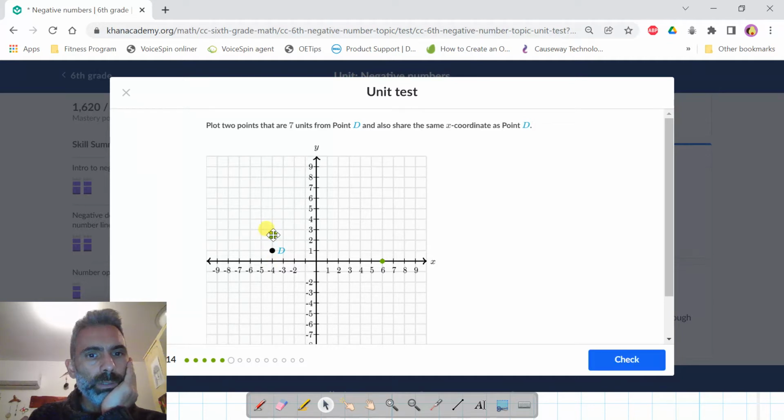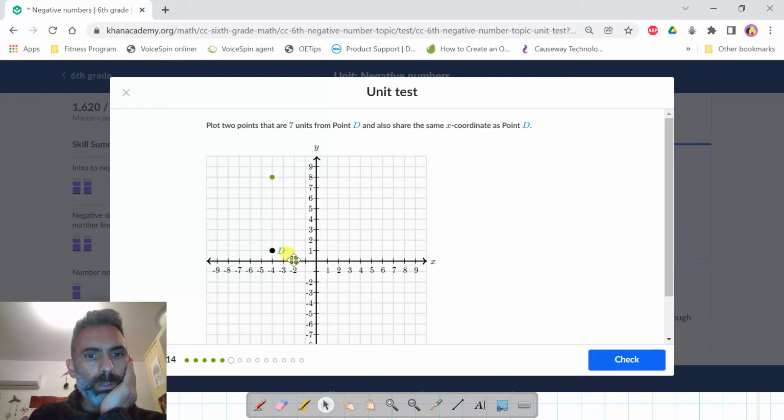So it means that one point can be -4 and the y-coordinate is 8 because the distance from 1 to 8 is 7 units. Okay, oops.